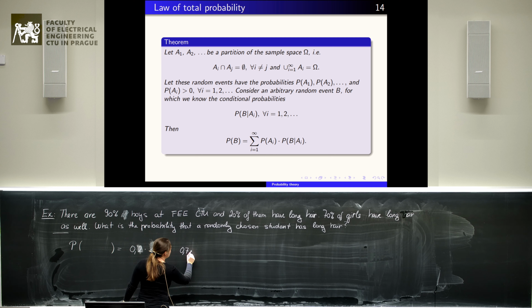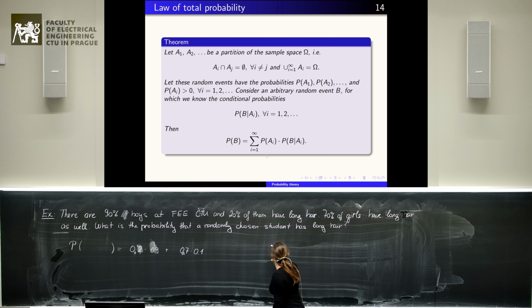while the probability 0.7 holds for 10%. You can imagine it on a sample of students.